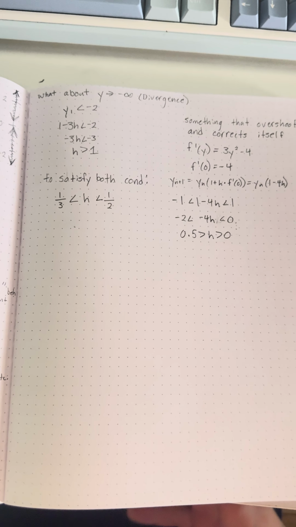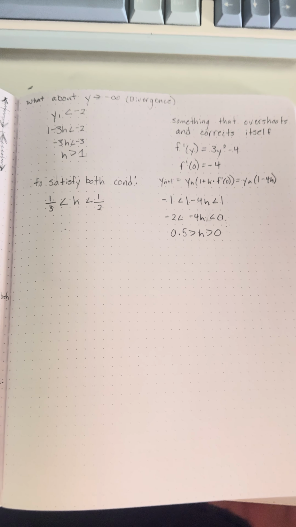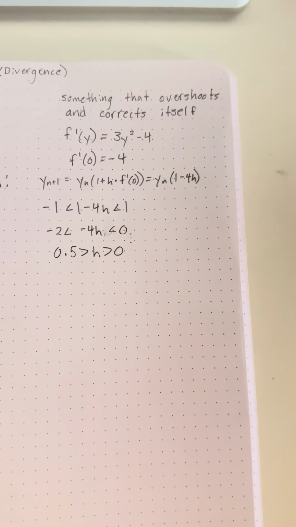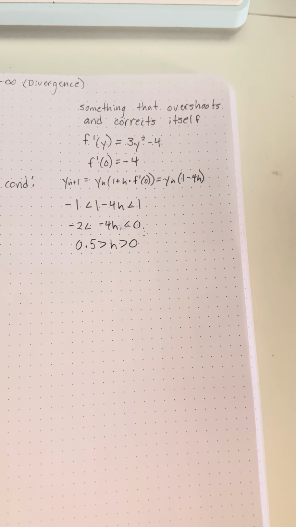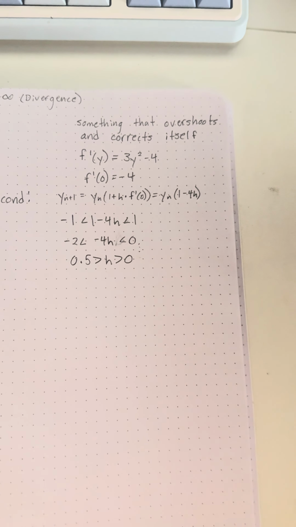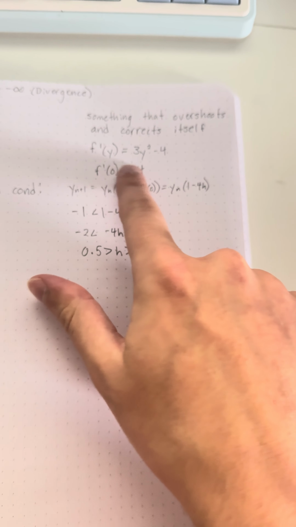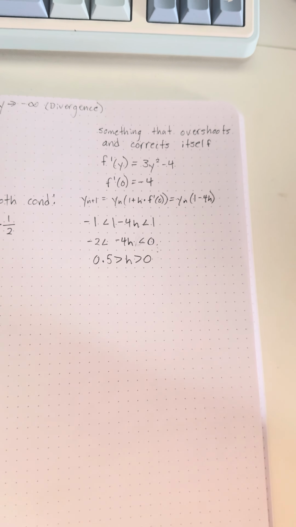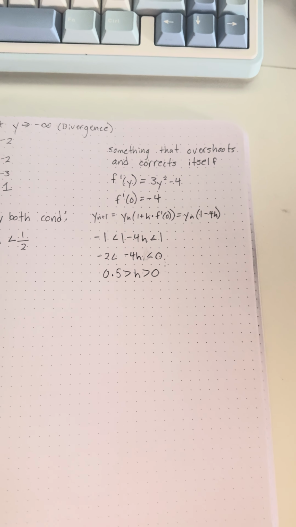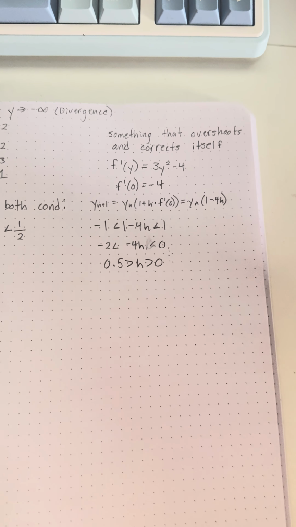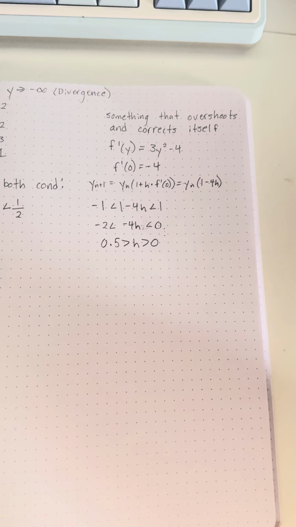And then the "or something that overshoots then corrects" is right here. So what I did is f'(y) equals 3y squared minus 4. So this overshoots when h is greater than 1/3, and then corrects when y equals 0.